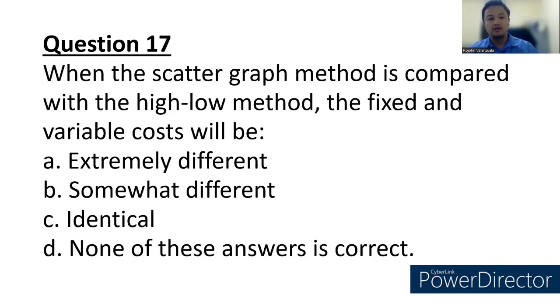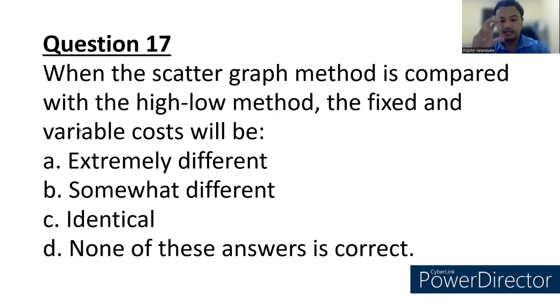Number 17, when the scatter graph method is compared with the high-low method, the fixed and variable costs will be. Pag kinumpare mo daw. So, parehas namang nag-a-analyze ng cost ang scatter graph tsaka high-low. However, magkaiba sila ng approaches pagdating sa determining fixed and variable cost.